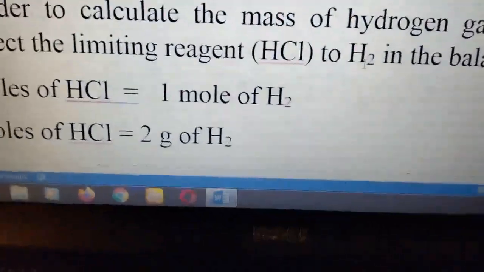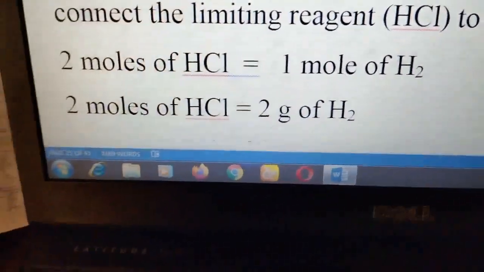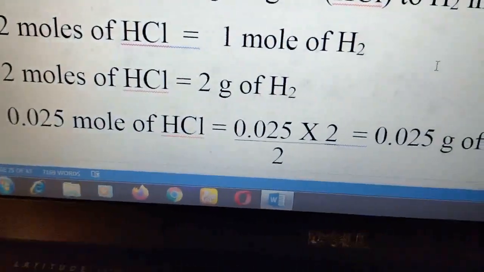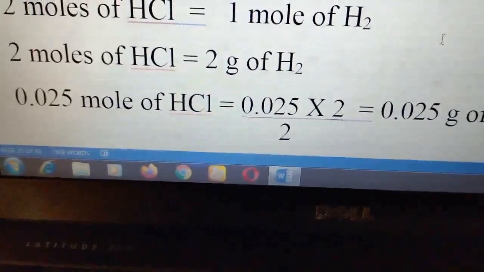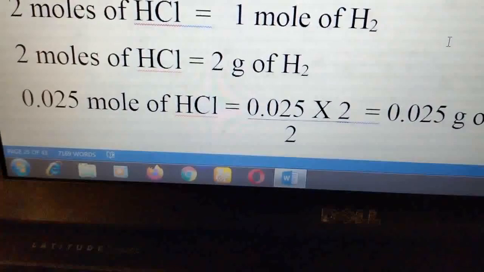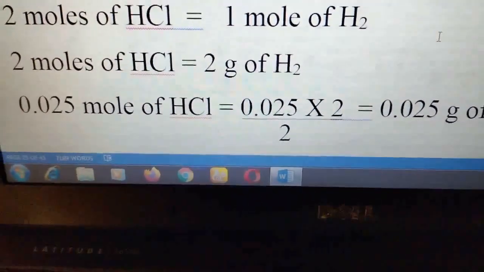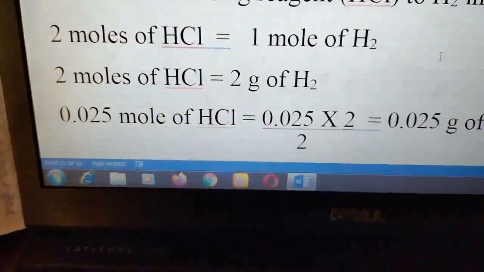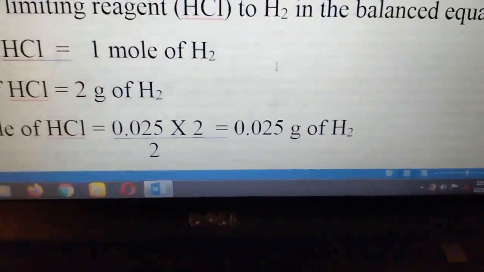Since we're looking for mass of hydrogen gas, not volume, we change the mole of hydrogen gas to mass. So 2 moles of HCl gave us 2 grams of hydrogen gas. Therefore, the reacting mole of the limiting reagent, that is 0.025 mole of HCl, will now give us 0.025 times 2 over 2 by proportion, which will still give you the same 0.025 gram of hydrogen gas.